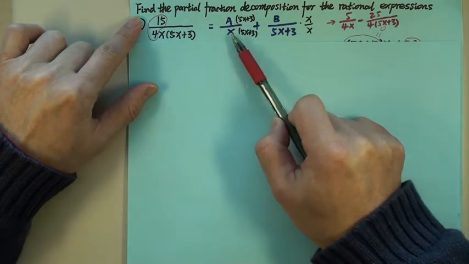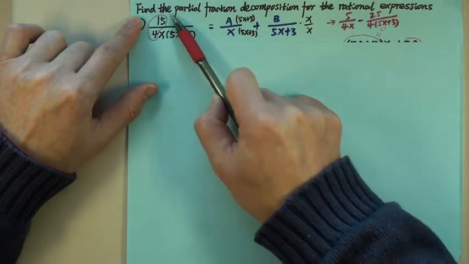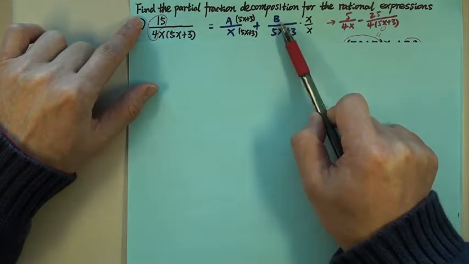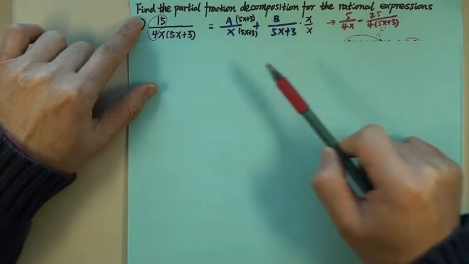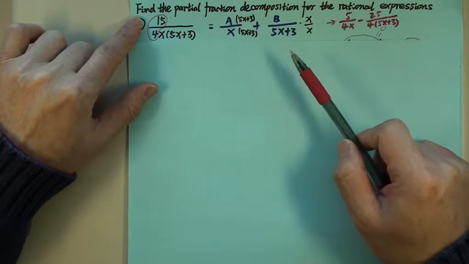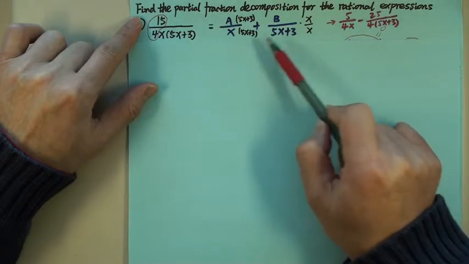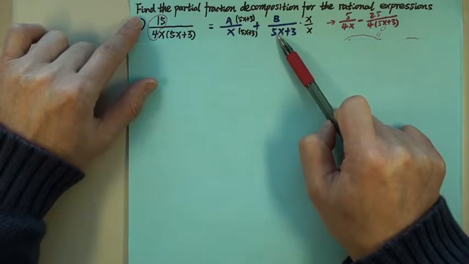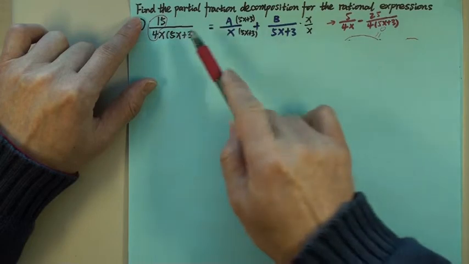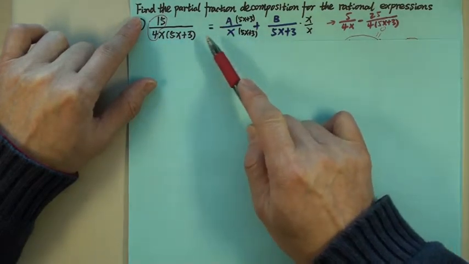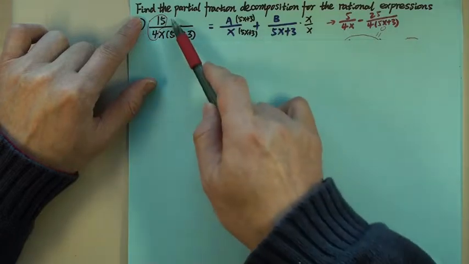So you see a over x looks much simpler than this one, plus another one, b over 5x plus 3, that's simpler than that. And then we should be able to easily find the integral for both of them. Okay, that's the reason.